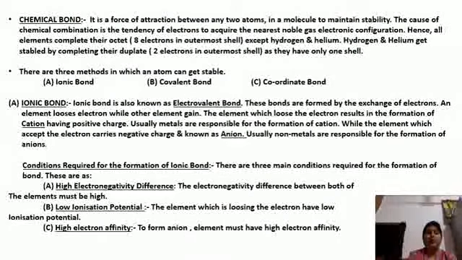What do you mean by chemical bond? Chemical bond means a bond which results by a force of attraction, a force of attraction in a molecule between two atoms, ठीक है? To maintain the stability.